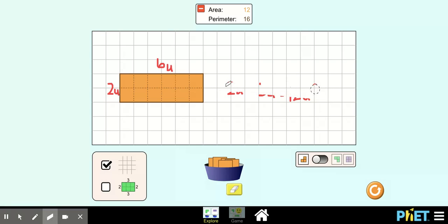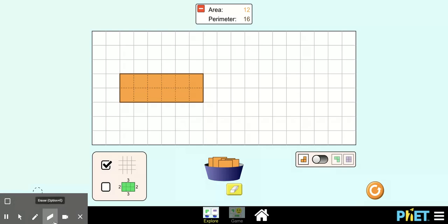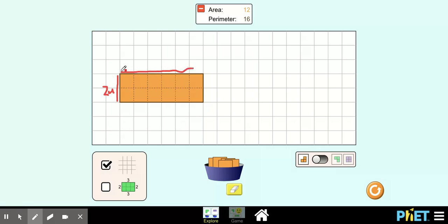Let's just erase that for right now because we're going to play around with this a little bit. Is there a way that when I look at this, that I can keep the area the same, but use a different perimeter? So the perimeter here, we've got 2 units this way. We have 6 units this way.